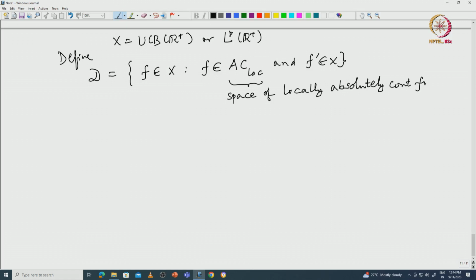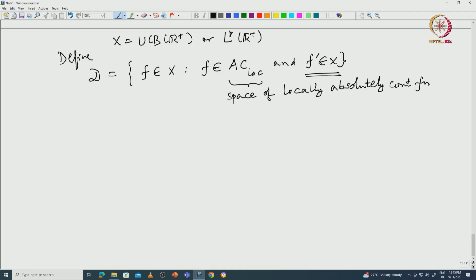That means f is absolutely continuous on every finite interval of R plus, and then by the theorem of Lebesgue it follows that f prime exists almost everywhere, and we require that f prime is also in X, either UCB or in L^p.